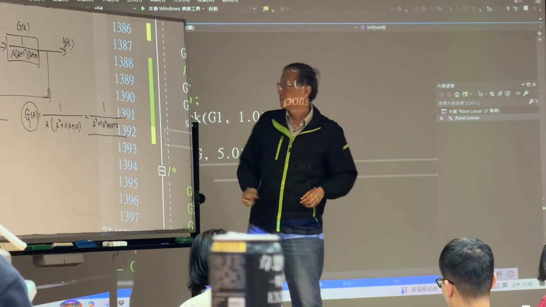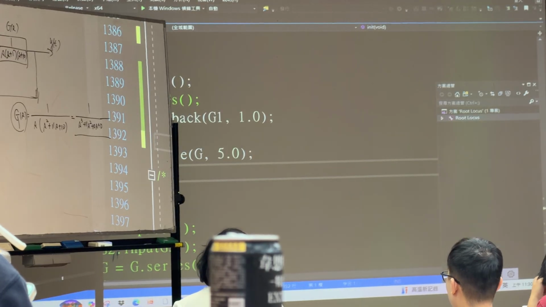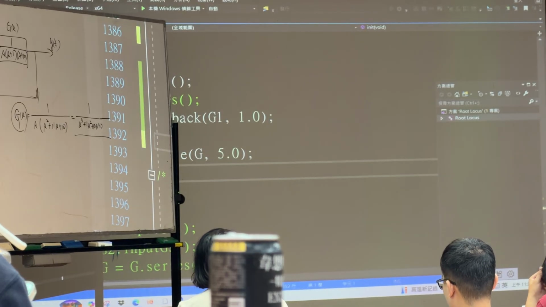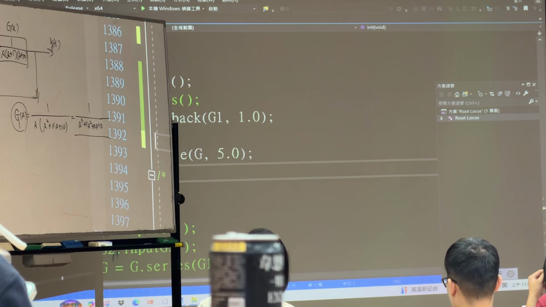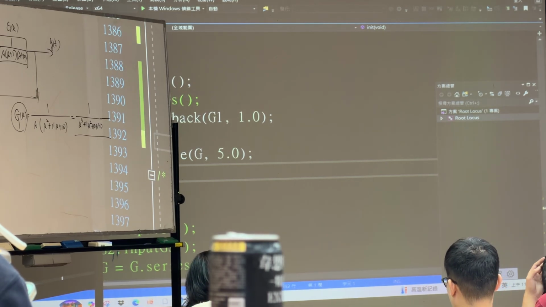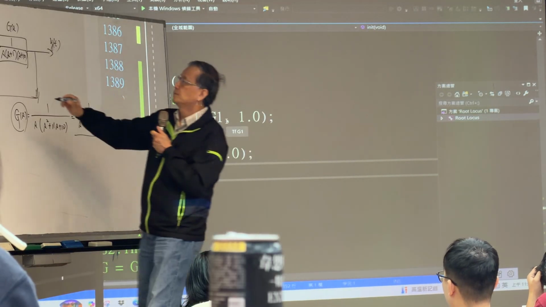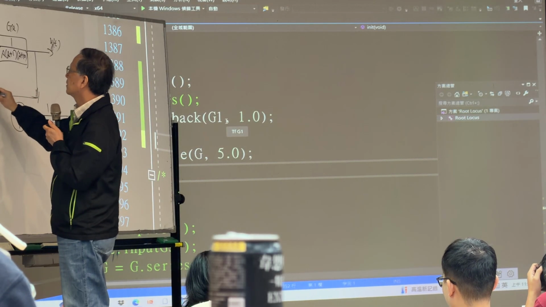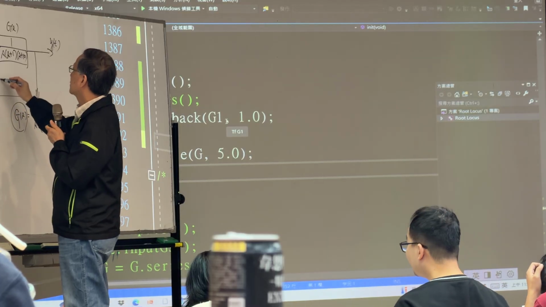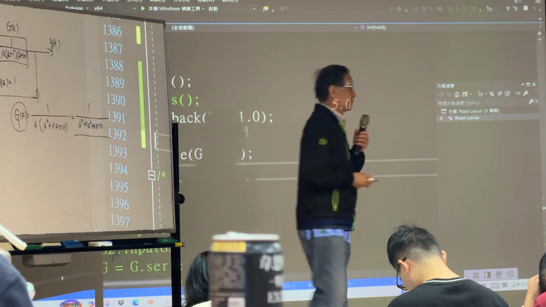Okay? Then let's take this function here. I will use G1 to input this G(S). I'll input that, and I'll do a feedback, G feedback 1.0. 1.0 means the H(S) here. Originally there's an H(S), right? But now H(S), let's assume equal to 1, right?